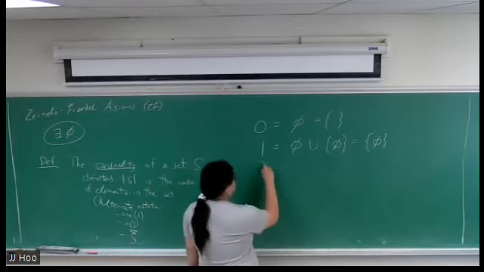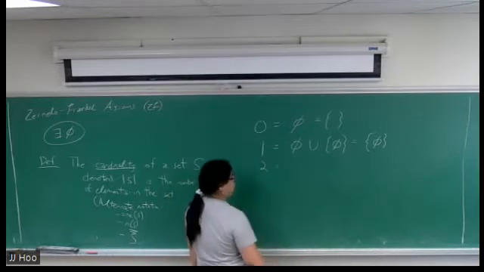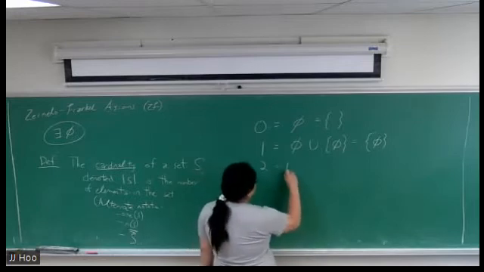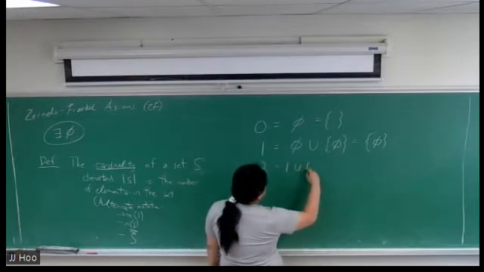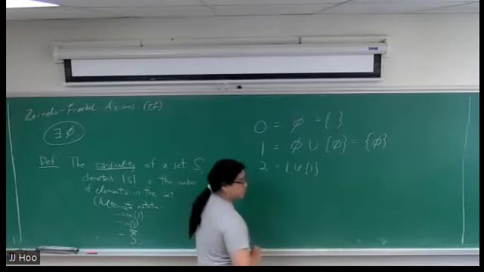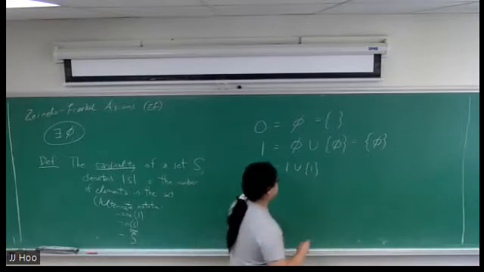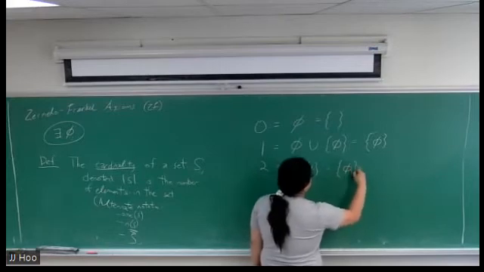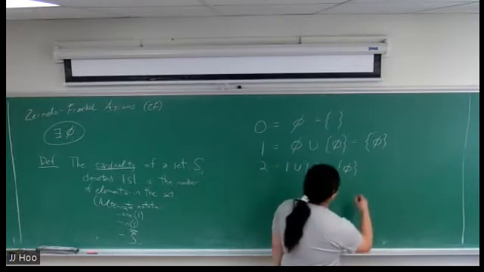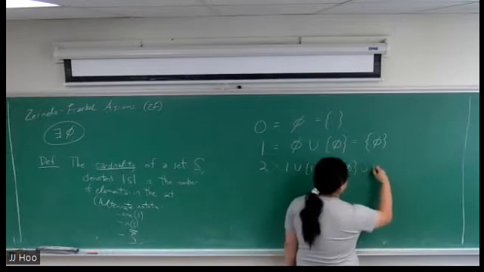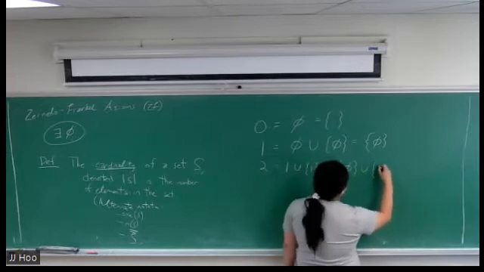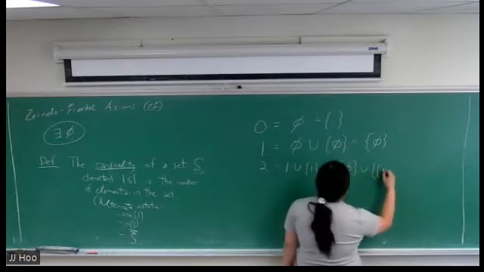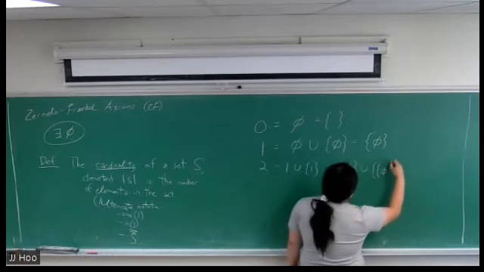So as you can imagine, if I continue this with a pound, right? Let's say 1 union the set containing 1. But what is 1? 1 was the empty set, right? We union it with the set containing the set containing the set.